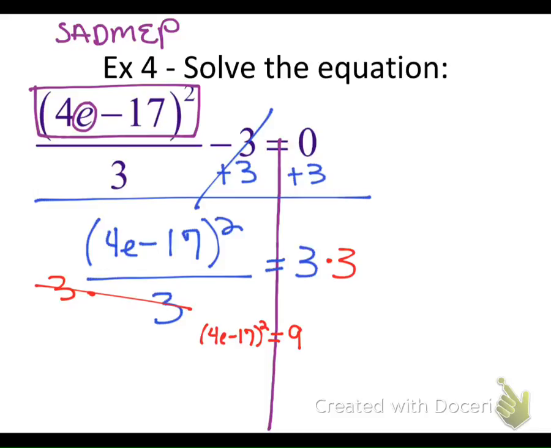Square root it. Good. My square is by itself, so I'm going to square root it. Square and square root cancel. So what can I bring down on my left side? 4e minus 17. And then on my right side, what's the square root of 9? 3. And now what type of problem do I have?